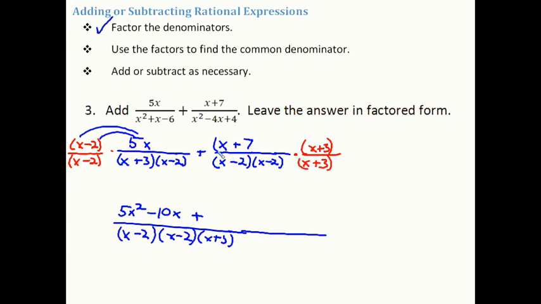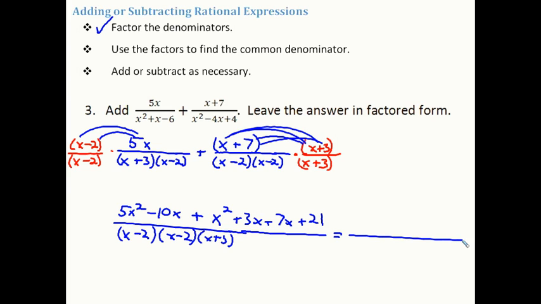So multiplying these out, we get x squared plus 3x plus 7x plus 21. Now combining those like terms, we still have our common denominator, x minus 2 times x minus 2 times x plus 3.